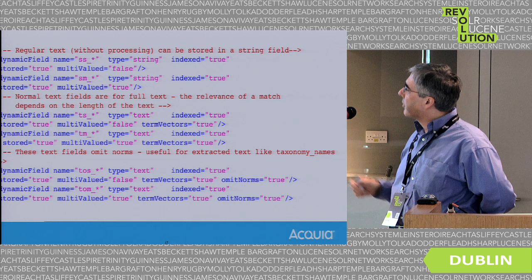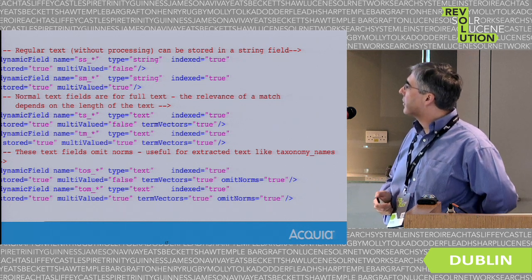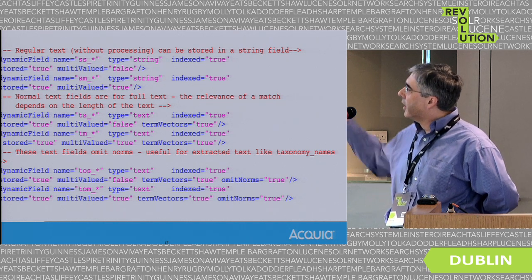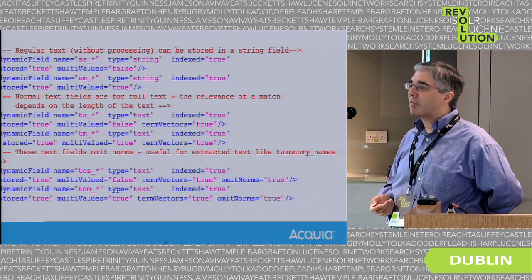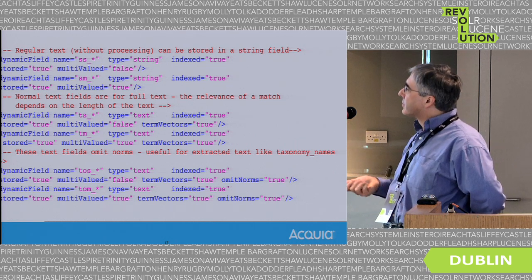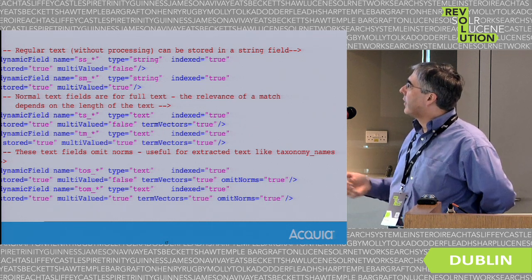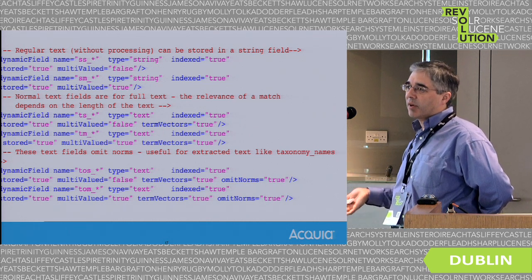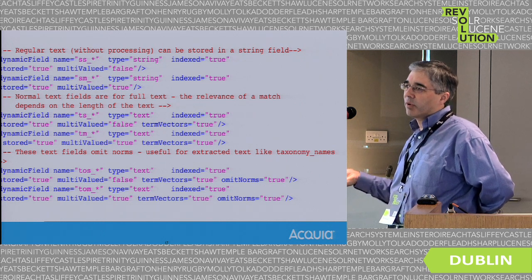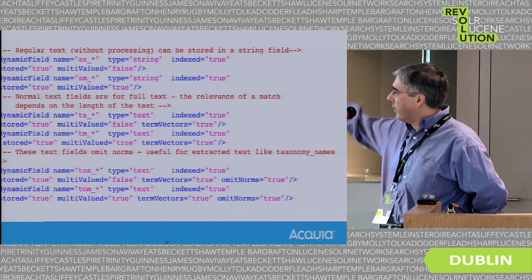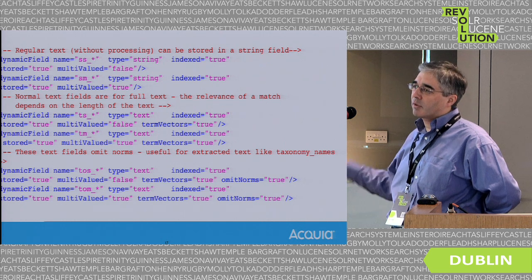So, you probably know what this looks like. Sorry, that's a little cut off there. But we generally use dynamic fields with prefixes. The first one is ss_, and that stands for a string with a single value. The second one, sm, is a string with multiple values. Go on down the line: text with single value, text with multiple values.